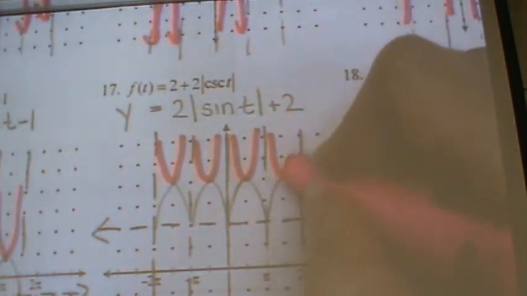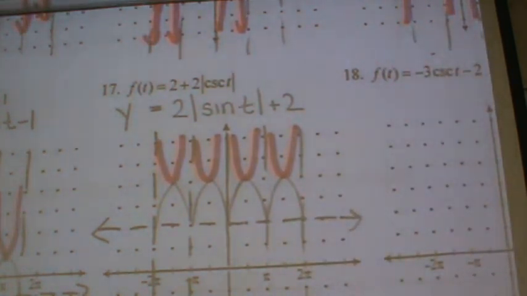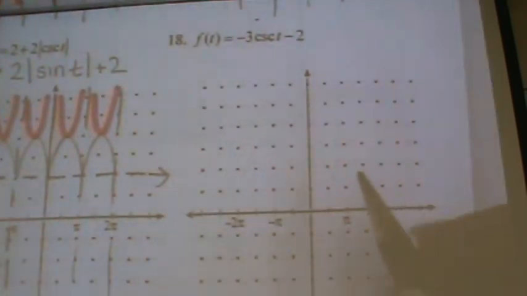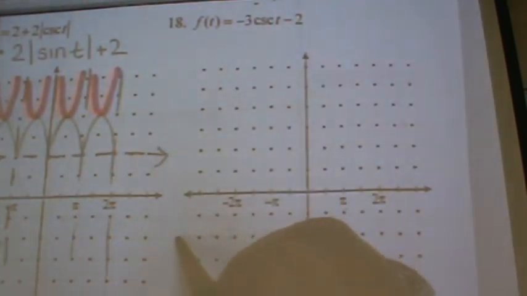And so your actual answers are in pink. And the last one. Tell me what to do. Begin at where?